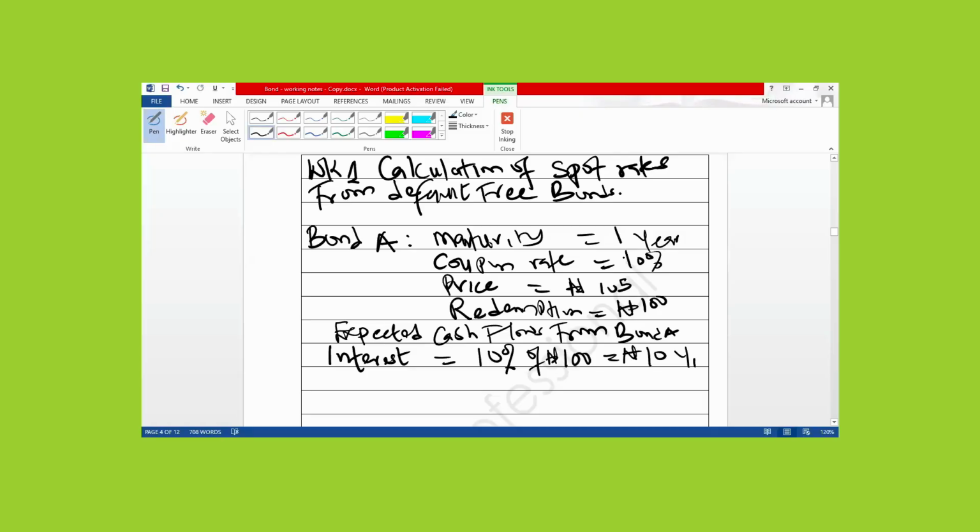The bond is for 1 year maturity, so we get interest in year one, and the bond will also be redeemed in year one. Redemption value at maturity gives us 100 naira in year one. That means in year one, I have 110.